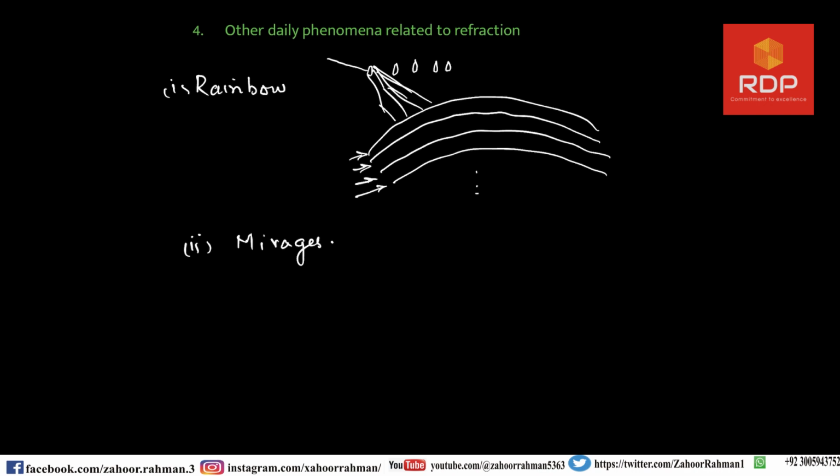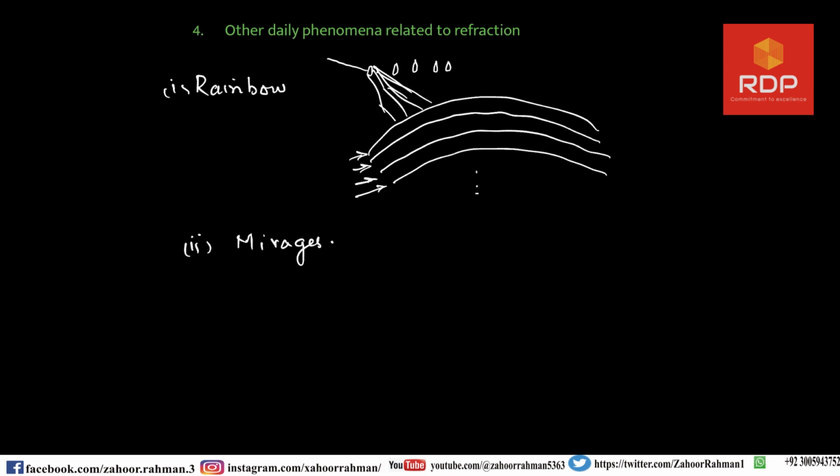The road looks like there is a water surface on it, and the trees near it can also be seen inside that water. So that is called a mirage, and that is also due to reflection.